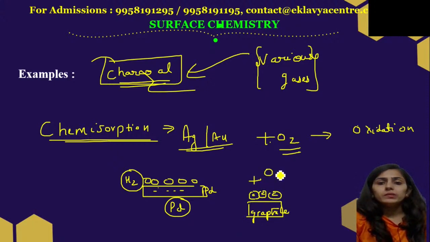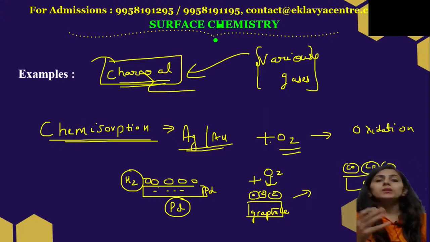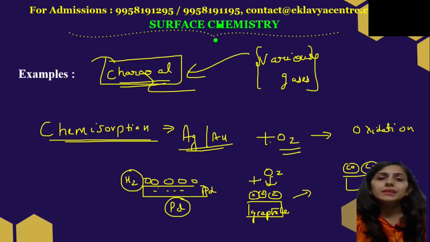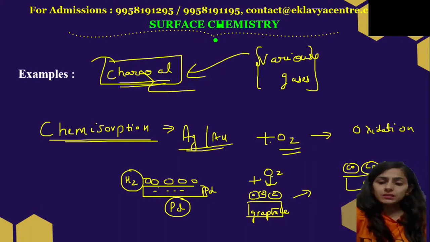This carbon reacts with the oxygen molecules present on the surface and forms CO molecules on the surface. So this is what happens in the case of chemisorption. We get a new product. I hope this much is clear to you.